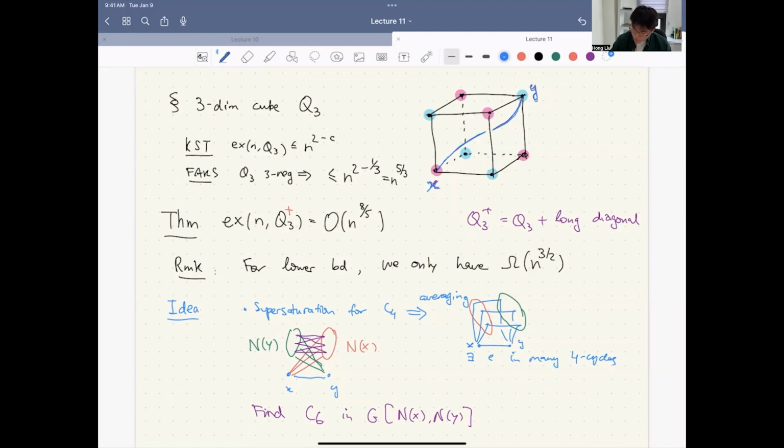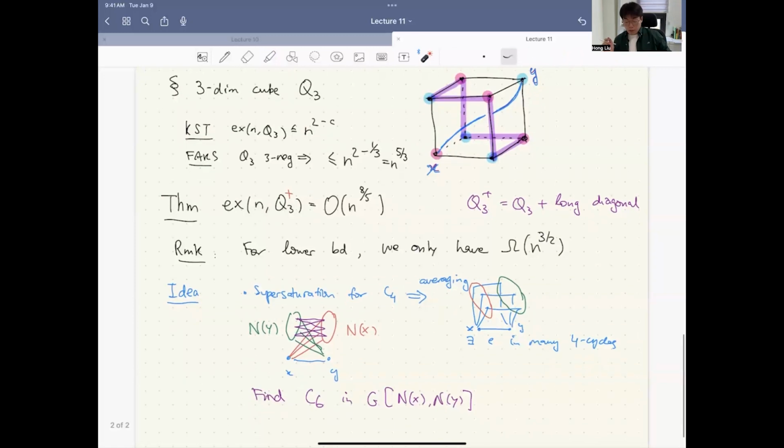Then the purple C6 in the neighborhood looks like this. This is the C6 in their neighborhood. You see, these three vertices are the neighborhood of X, and these three vertices are the neighborhood of Y.